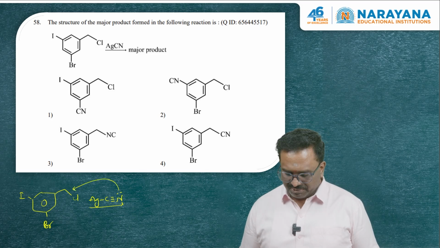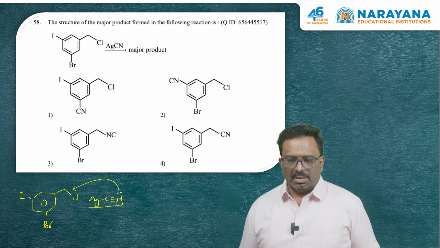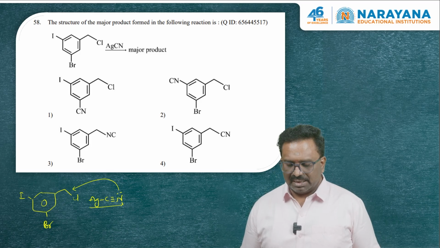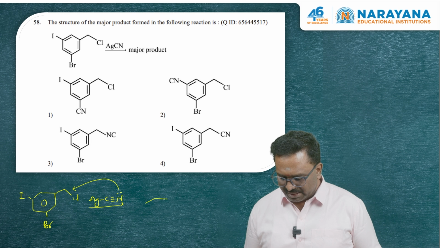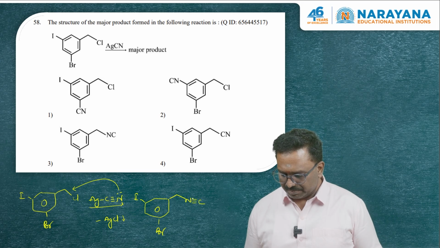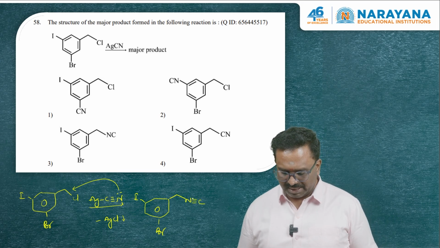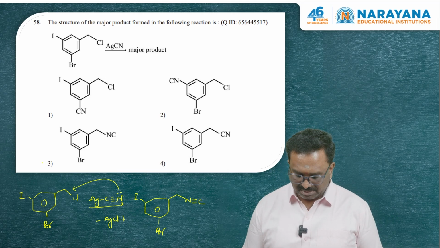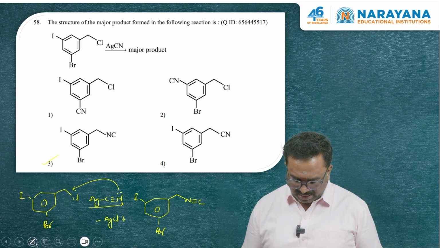So from this given reagent which reacted with the alkyl part, nitrogen has to participate in that nucleophilic substitution. When nitrogen is involved here, the alkyl group is substituted with the loss of AgCl precipitate. This is the product obtained. So what is the correct one? Here option 3 is the most appropriate among the given.